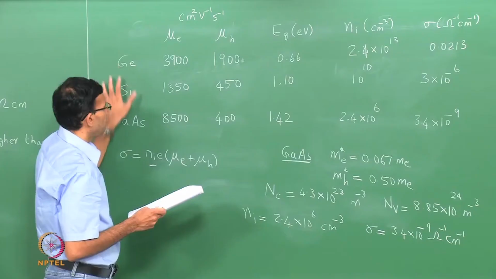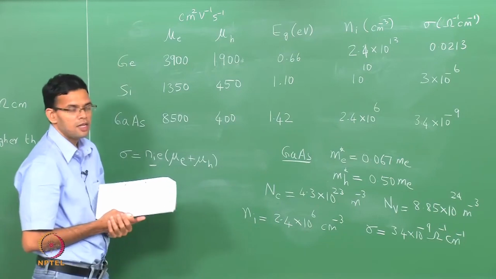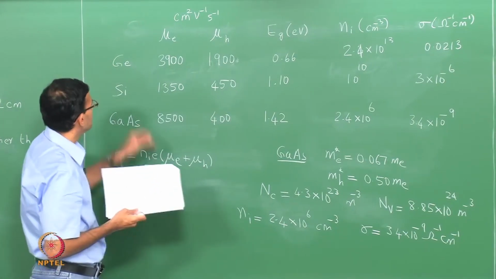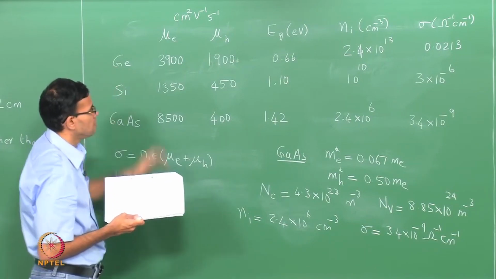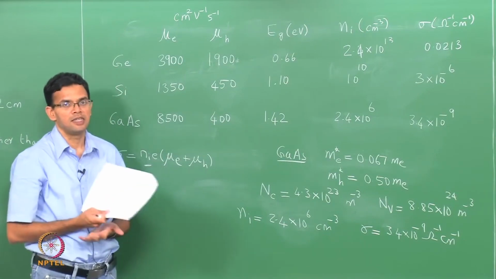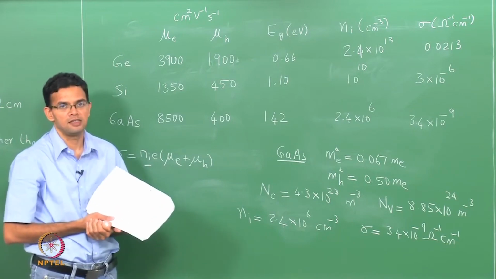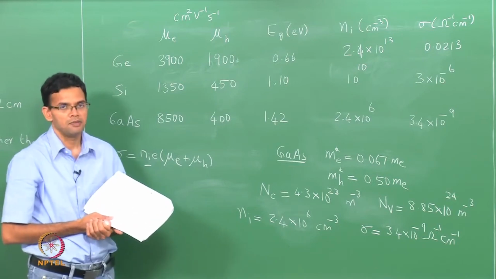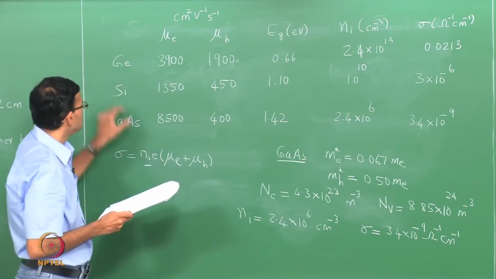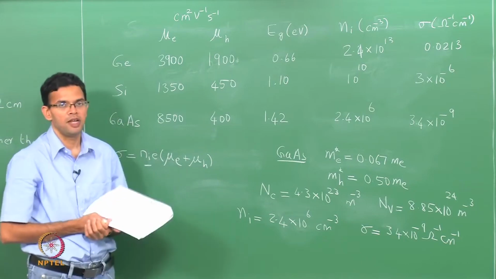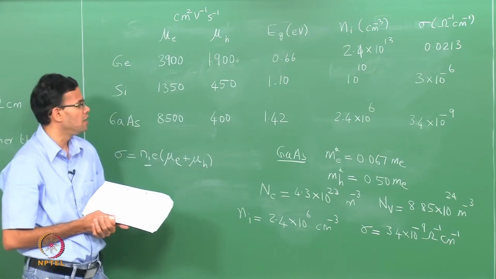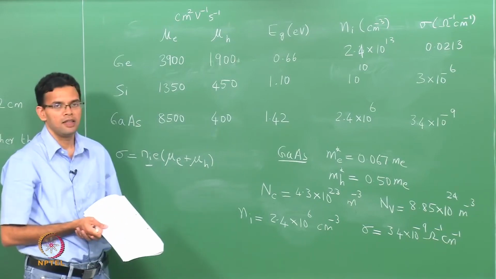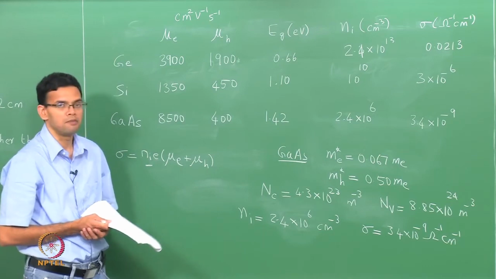Based on this table, if you want to choose a material with the highest conductivity, then the preference goes to germanium. In fact, the very first solid state transistor that was built in Bell Labs was actually made of germanium. One of the reasons silicon has now come to dominate the microelectronics industry is because we can actually control the conductivity and the electronic properties of silicon by doping.